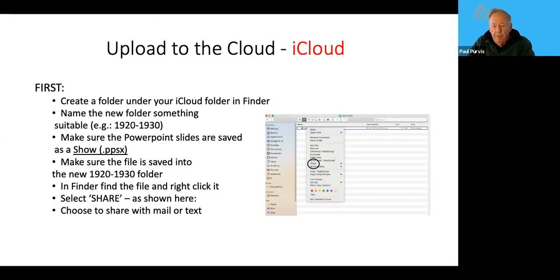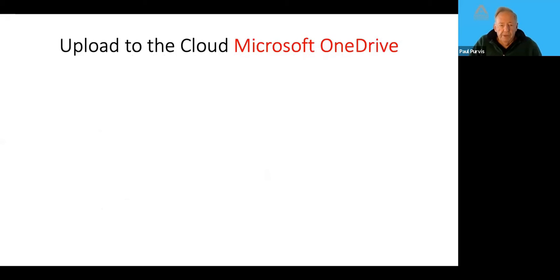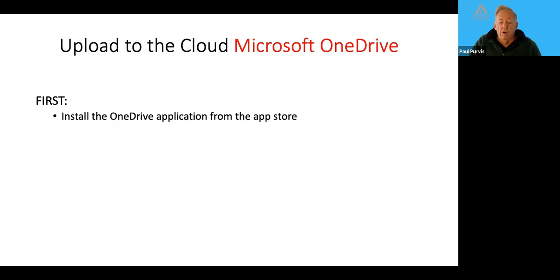You can see it in the picture I've shown you on the right-hand side there, and I've circled the word share. That's where you'll be able to choose the option to share that slideshow by mail or by text to family or friends. Uploading to the cloud with OneDrive is very much the same. Install the OneDrive application on your MacBook. I've done exactly that. It's very simple to do.